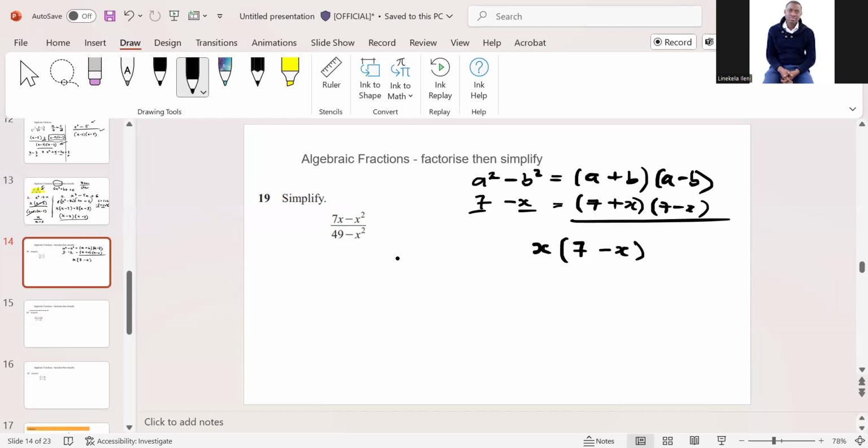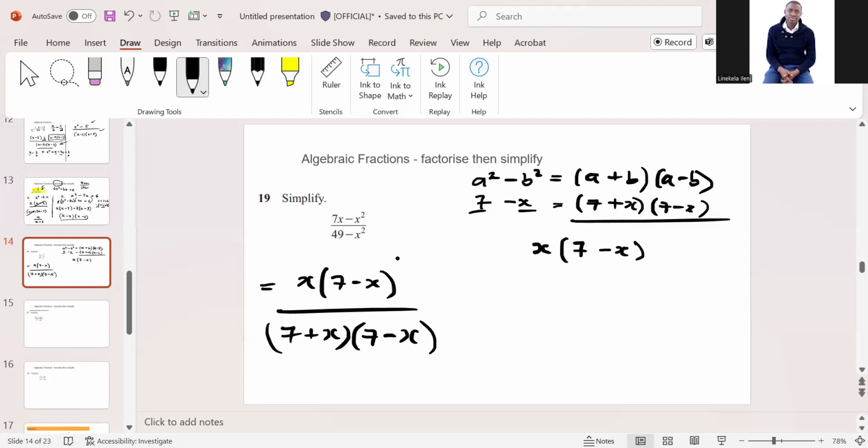Then I can rewrite this now. So it will be x times (7 minus x) over (7 plus x) times (7 minus x). Then again, you can see these brackets are the same, so they will cancel. So my final answer, therefore, will be x over 7 plus x. Something that looks like that.